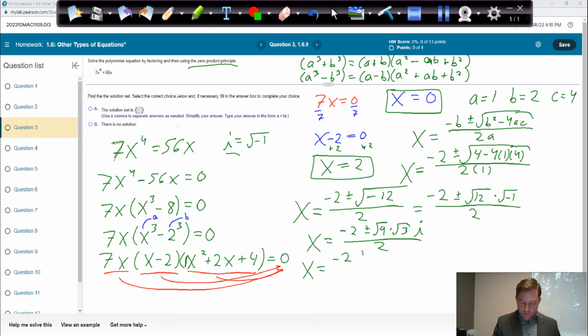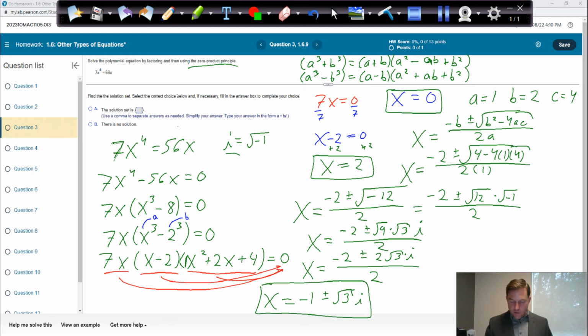So we get minus 2 plus or minus 2 times the square root of 3 times i, all over 2. And because there's a 2 in all these terms, I can divide everything by 2, and I get minus 1 plus or minus the square root of 3 times i. One is the plus root 3, and one is the minus root 3.